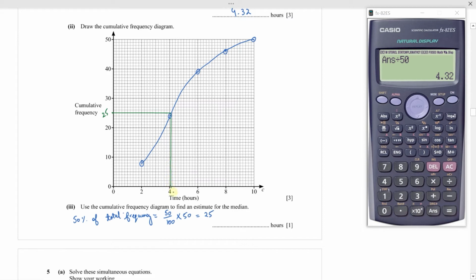Each small block here represents a value of 0.2, because there are 10 blocks here and the value here changes by 2. So 2 divided by 10 is 0.2. So this is 4 and 4.2. This is in the middle here, so this value will be 4.1 hours. So your median will be 4.1.